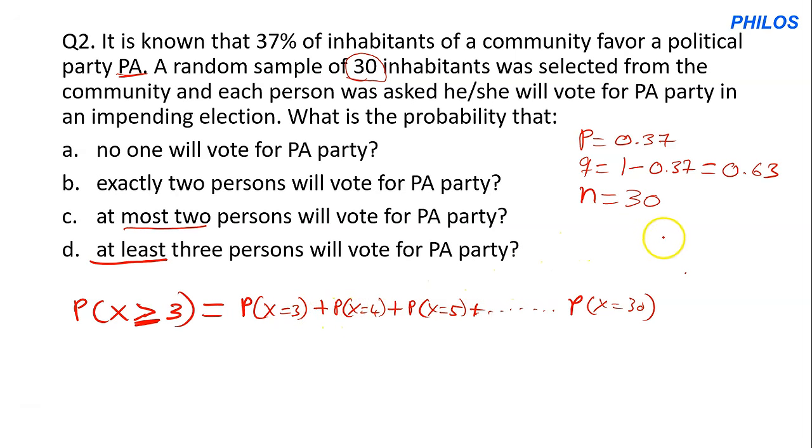Now, it goes like this. Look at this sign, less than or equal to sign. Its opposite is greater than. Please don't include the equal to in the opposite because it's already included here. So the opposite of greater than sign should be less than or equal to. Okay.